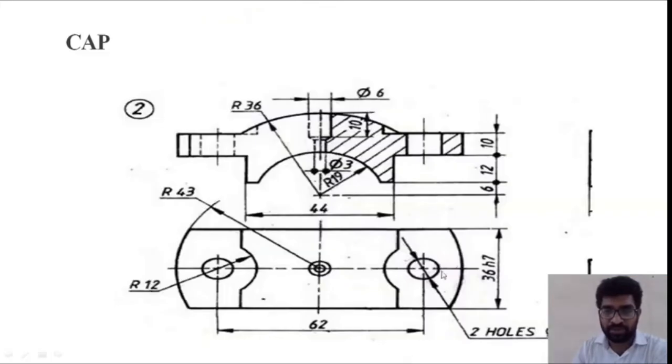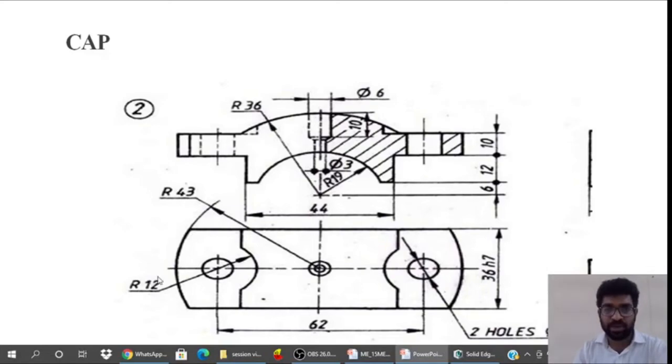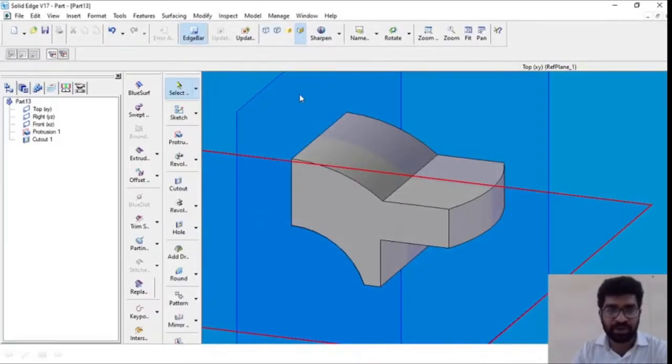So after that, we have this hole feature, that is two holes of diameter 10.5 at a distance of 31 mm from the center.